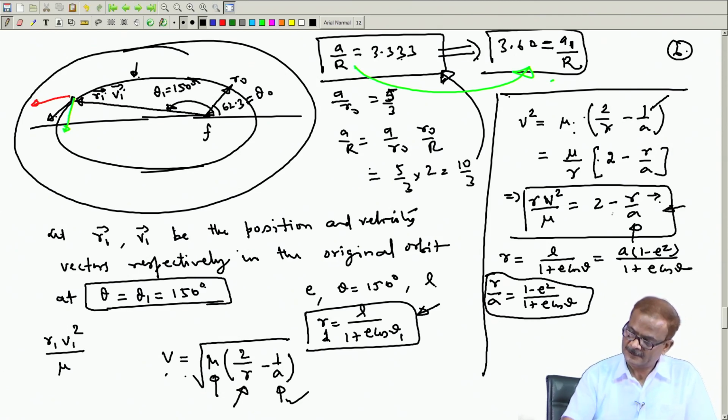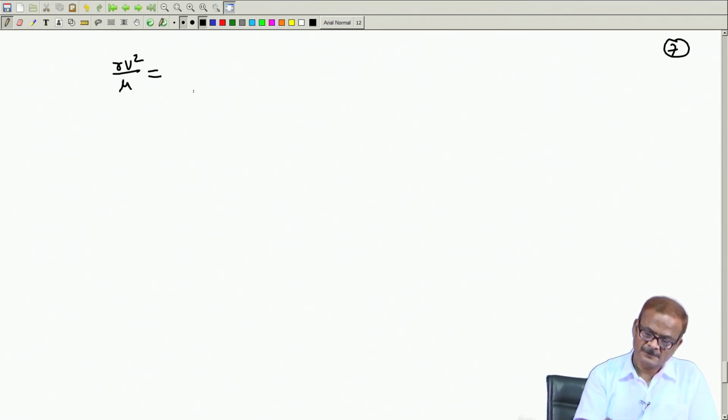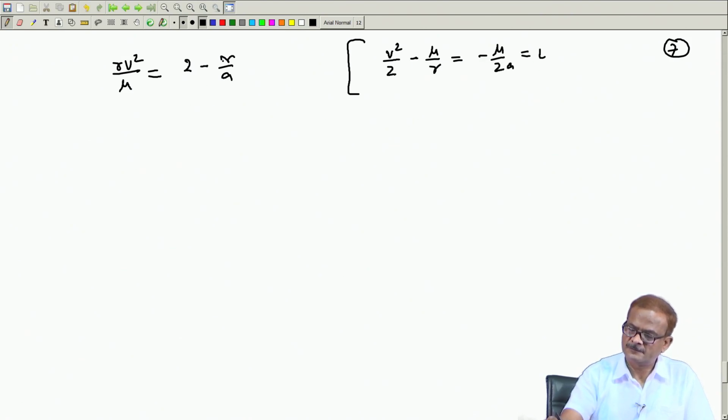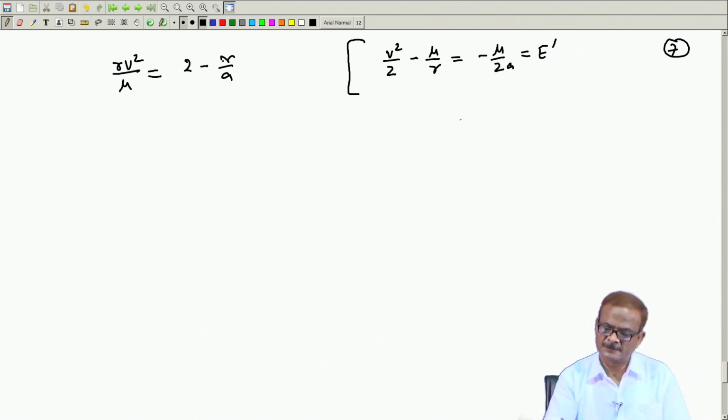I will take up that issue again. r v square by mu equal to 2 minus r by a. This is nothing but your energy equation. We have written v square by 2 minus mu by r equal to minus mu by 2 a, which is nothing but your E prime, the specific energy.